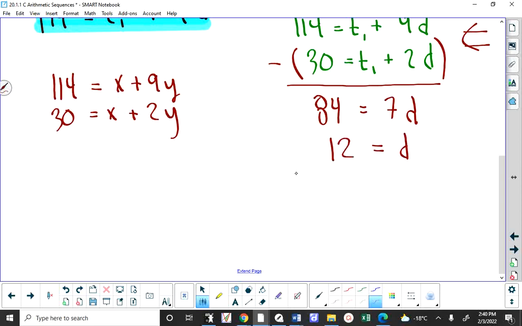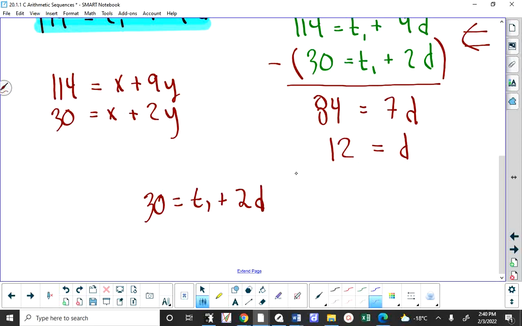Now, how do I find the first term? I mean, I could go back to my blanks, but I'm trying to show this to you in a more general sense. I would take one of the equations, which is 30 equals t1 plus 2d, and I would put d, which we found to be 12, into that equation and solve for t1.